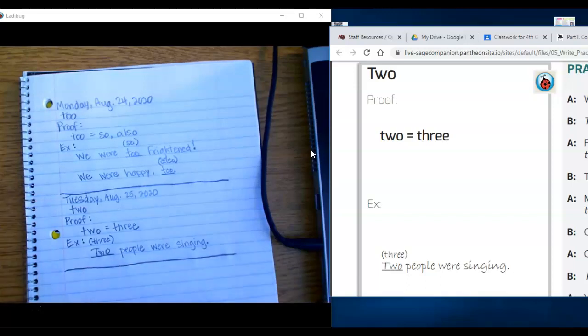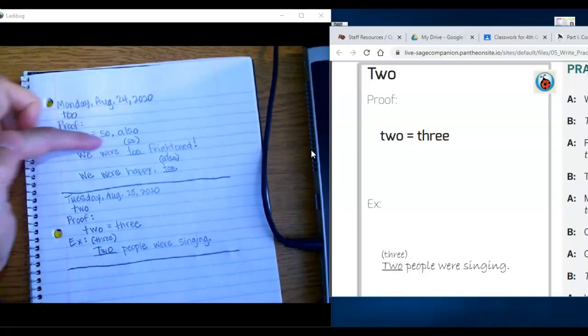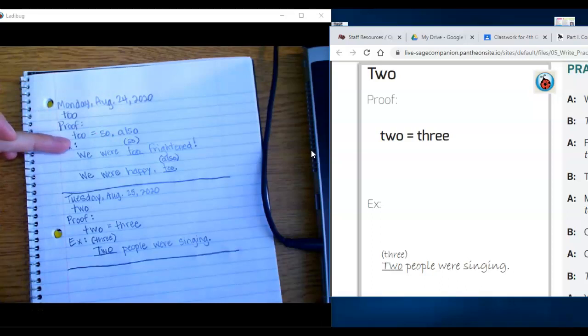Before we wrap this lesson up, though, I want to just kind of take a look at these two. Let's look at today's sentence. Two people were singing. If I were to take some of these proofs for the homophone to, T-O-O, and try to substitute them in, let's see if they would work. So my sentence, two people were singing.